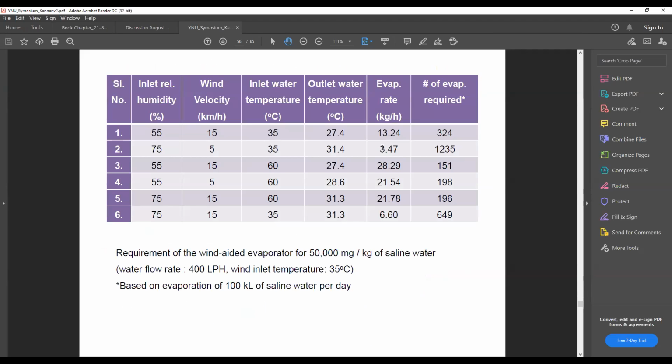And we also looked at the actual field situation, depending upon the water flow rate of 400 liters per hour and different conditions prevailing in the different geographical locations, what would be the number of evaporators that would be required. So we found that when you have very favorable conditions of low inlet relative humidity and the wind velocity is quite high and the water inlet temperature is quite high, 60 degrees centigrade, you find that the number of evaporators required would be very small.